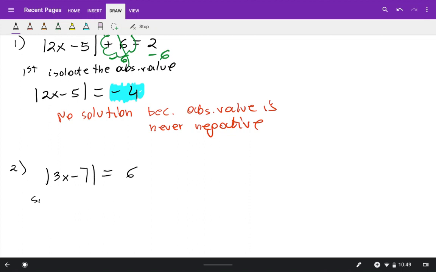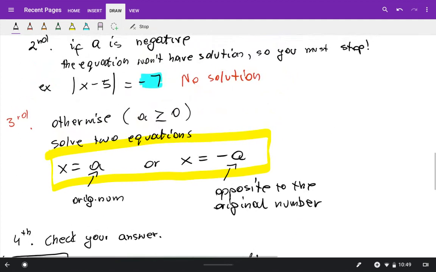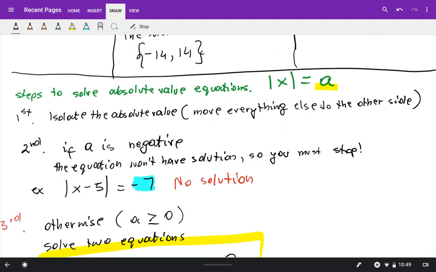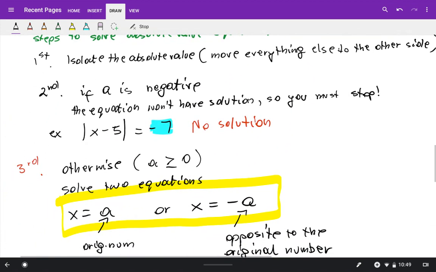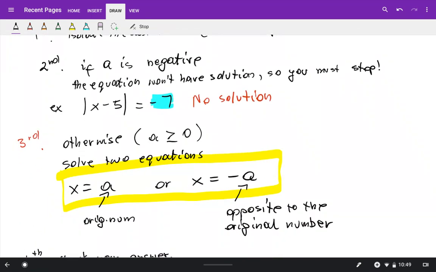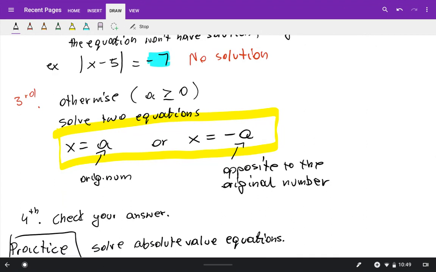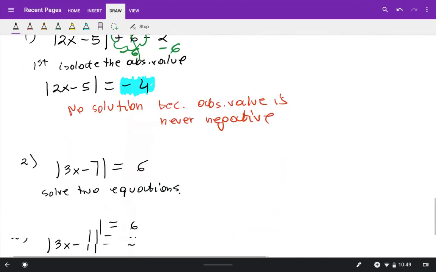So I'm going to skip step number 1, which is isolate the absolute value, since I already have the absolute value only on the left side, and I'm going to solve two equations. I'm moving to step 3.